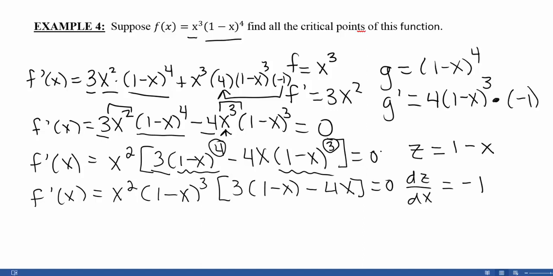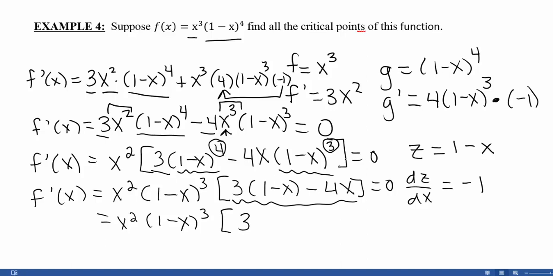So finally, I need to look at what's left in my brackets here to see if I have any like terms. So the first terms stay the same. And now inside the brackets, I get 3 times 1, which is 3, and 3 times negative x. So that's going to give me a negative 3x. But then I still have the minus 4x.